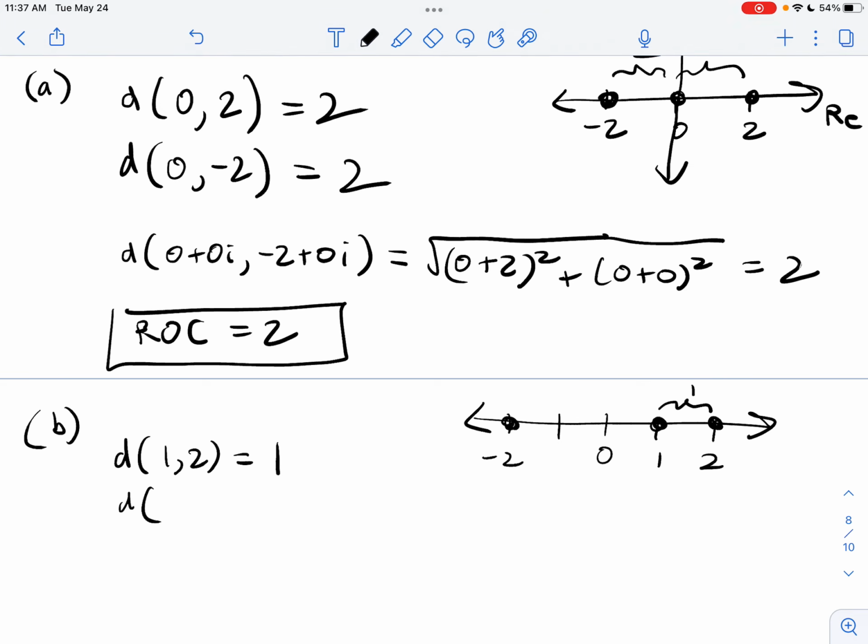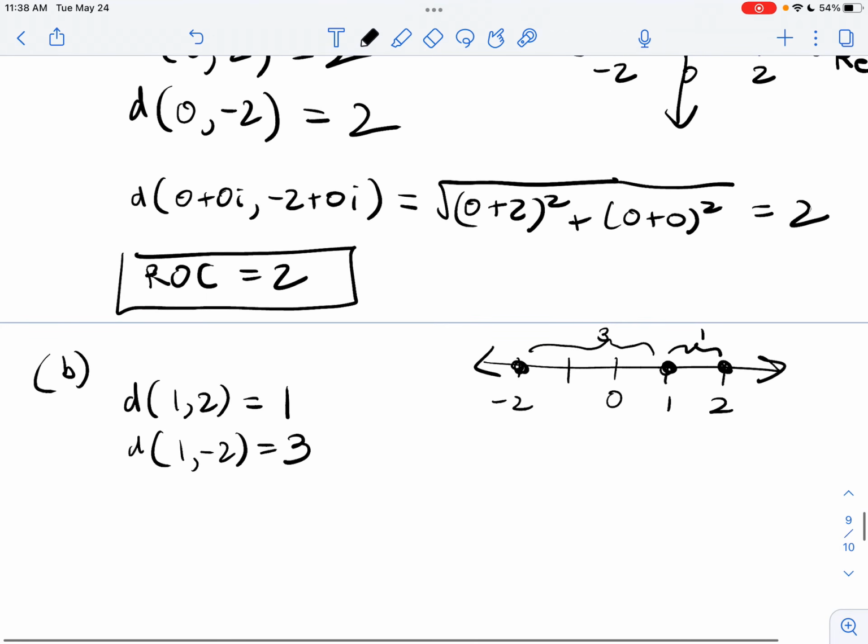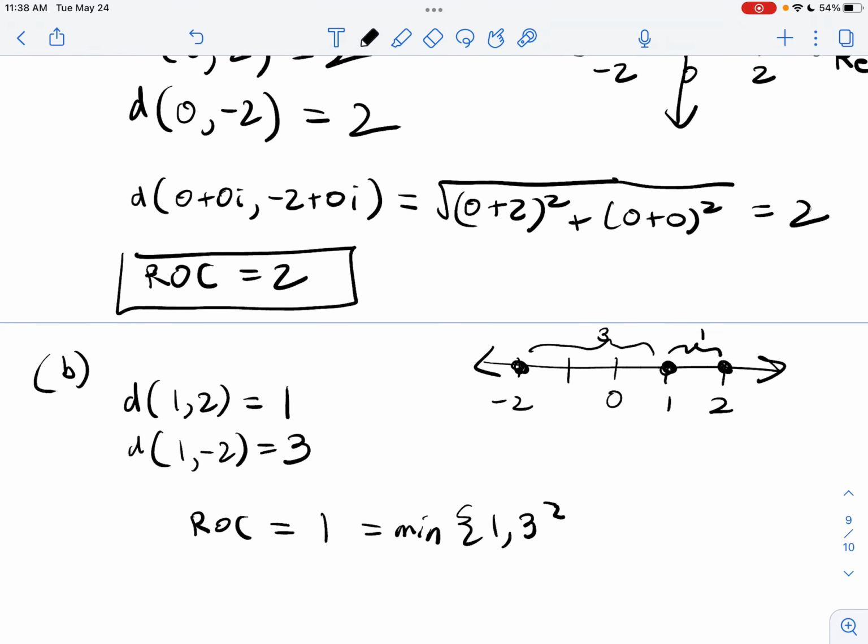And the distance from 1 to negative 2 is, of course, 3. So that means the ROC would be 1, right? Because that is the minimum of the distances, or the minimum of the two distances, right? The minimum of 1 and 3.